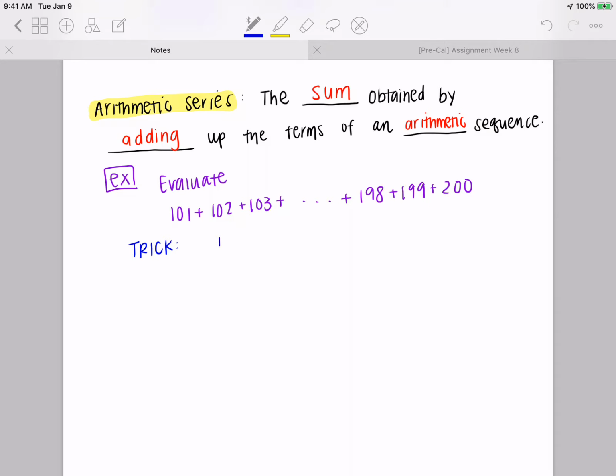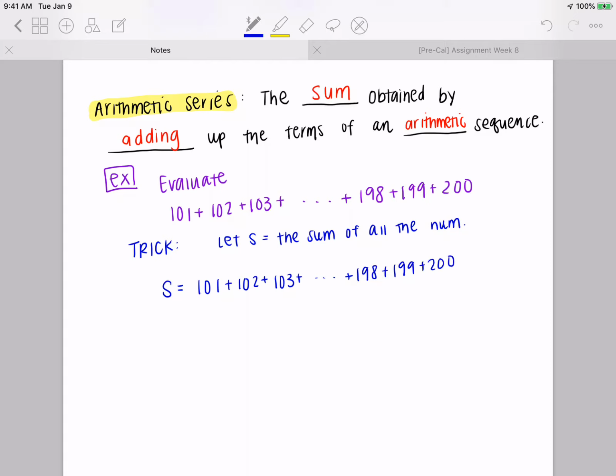Okay, so I'm going to first let S equal the sum of all the numbers. Then I will write S equals 101 plus 102 plus 103 plus dot dot dot plus 198 plus 199 plus 200.